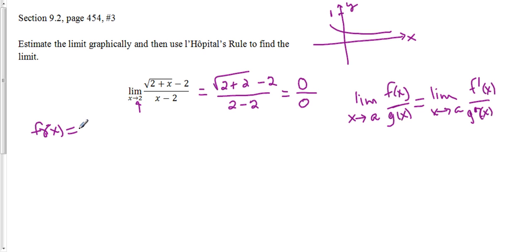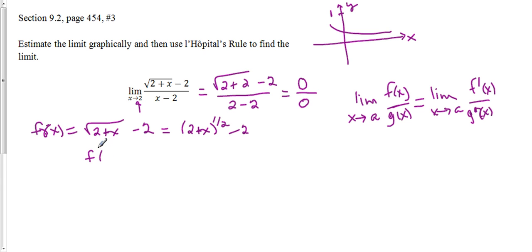as the numerator here. So that's going to be the square root of 2 plus x minus 2. And I'm going to have to take the derivative. And remember, I take the derivative of the numerator separately from the derivative of the denominator. So just to make my derivative taking a little easier, I'm going to remember that the square root of 2 plus x is 2 plus x all raised to the 1/2, minus 2.